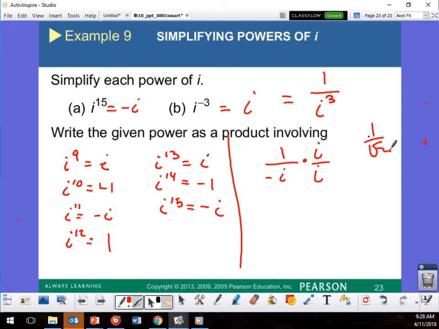So I have 1 over negative square root of negative 1, so I multiply by i over i. This gives me i over negative i squared. And what is i squared? Negative 1, so the bottom becomes positive 1. So my answer comes out to just be i.